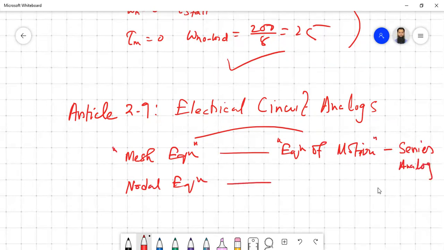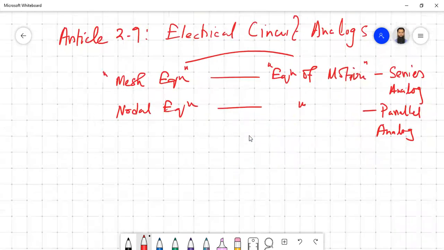And if you compare the nodal equation with your equation of motion, then it is called a parallel analog. So these are the definitions of what an analog is and how we compare the equations, and based on that, a system from another discipline is represented by electrical circuits. That is why it is called an electrical circuit analog.